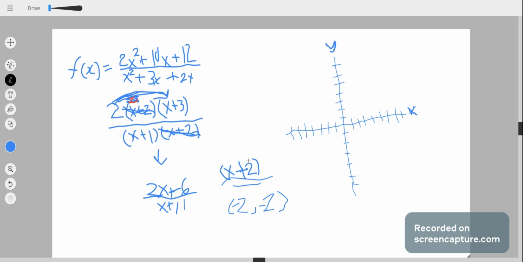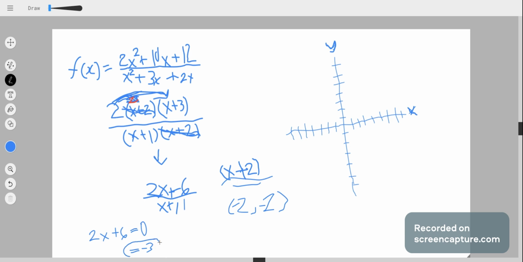The thing being, when we take our 2x plus 6, we want to set that equal to 0, and figure out the number that makes that exactly 0, which, again, I did do the math, would be negative 3. So keep that in mind because we actually do need that.